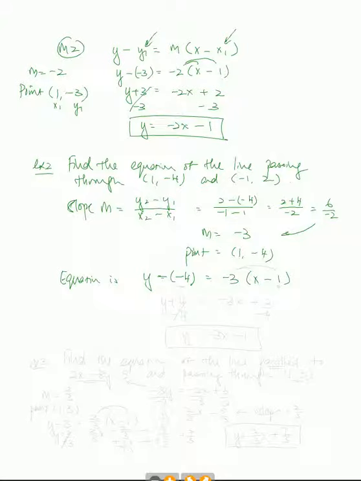Okay, so the formula is y minus y1, that being my y coordinate, equals slope times x minus x1, which is the x coordinate. Okay, so y plus 4 equals, let's distribute that, minus 3x plus 3. If I subtract 4 on both sides, that tells me y equals negative 3x minus 1, and I'm done.